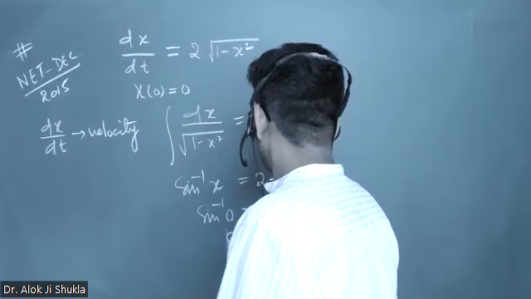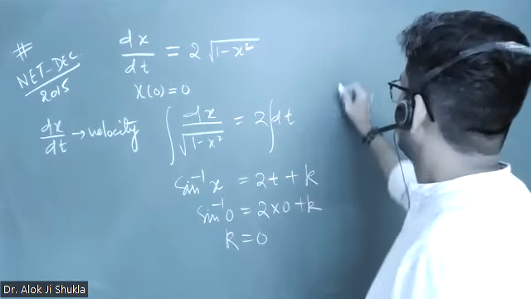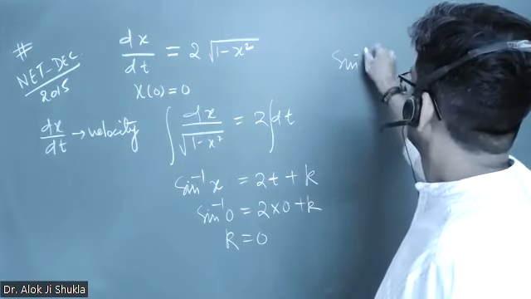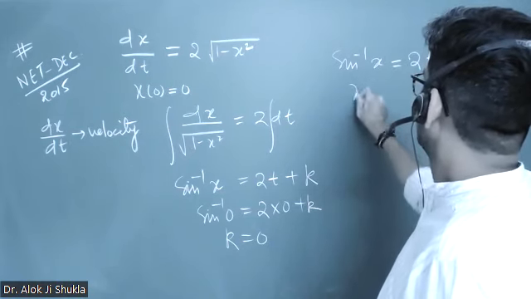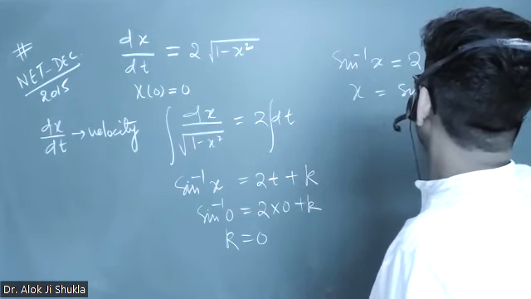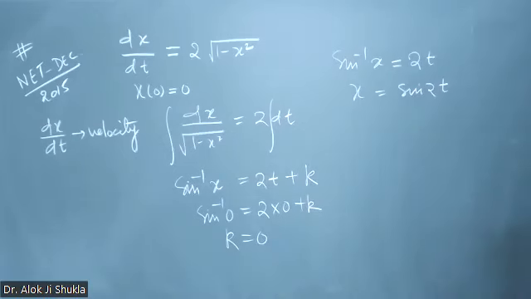So k is equal to 0, right? And when you substitute it here, you get sine inverse x is equal to 2t. That means x is equal to sine 2t. Yes or no?